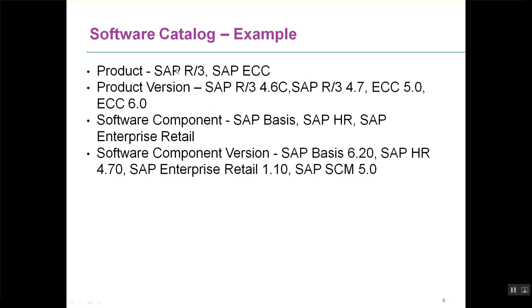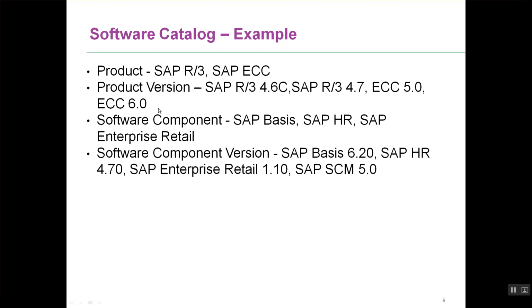SAP R3, if you remember, had multiple versions: SAP R3 4.6c, SAP R3 4.7, SAP R3 4.7b, and so on. SAP ECC also has multiple versions, ECC 5.0, ECC 6.0, and so on. So an SLD will give you information around what all products are installed in the landscape and what are the various versions of these products that are being used, right?